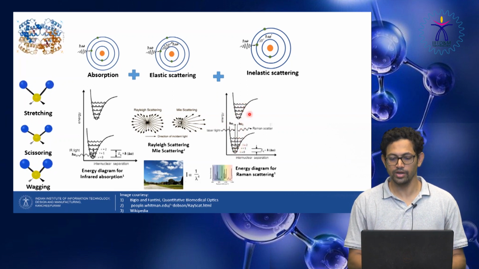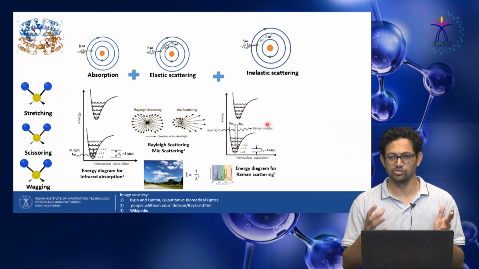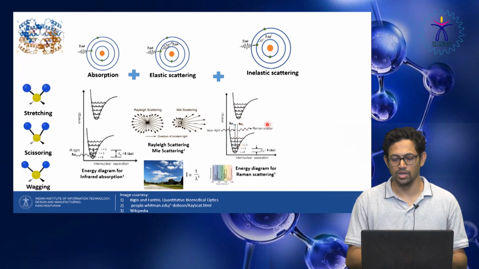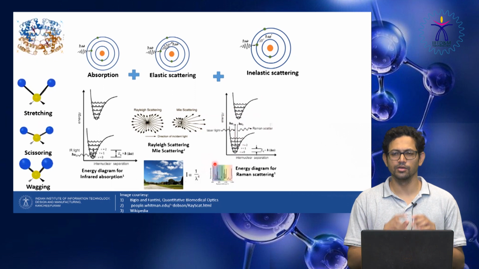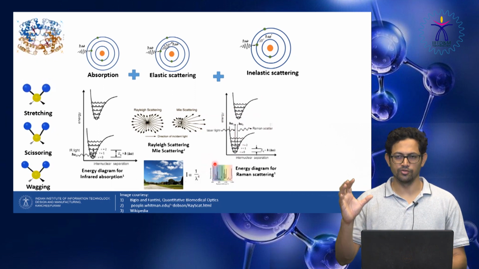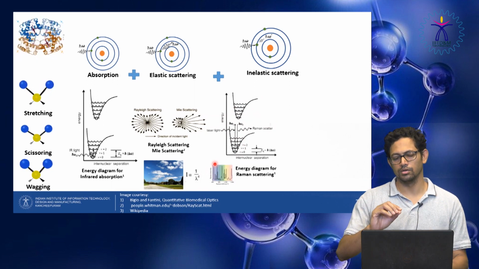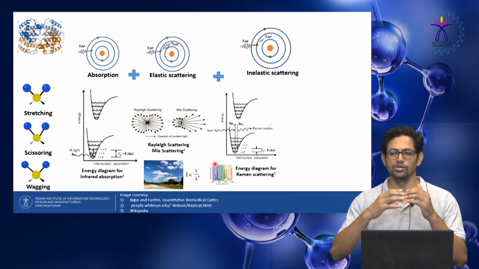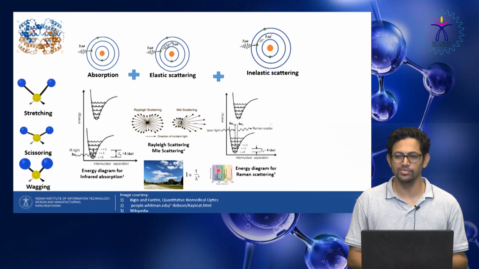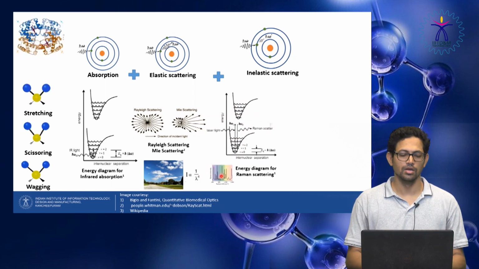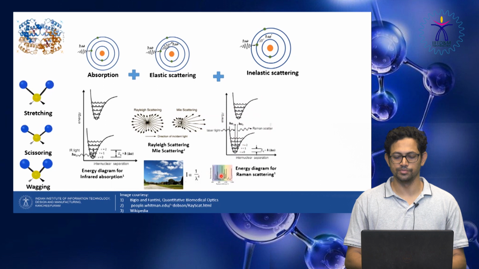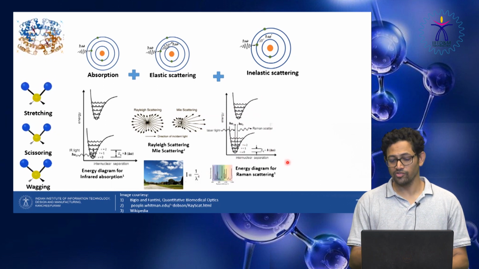In doing that, it releases different wavelengths of light, not the original one. For a specific chemical, it has a particular spectrum. Each chemical or composition has its own spectrum of how it emits light. From that, we can distinguish multiple compositions and constituents. So this is the case of Raman scattering.